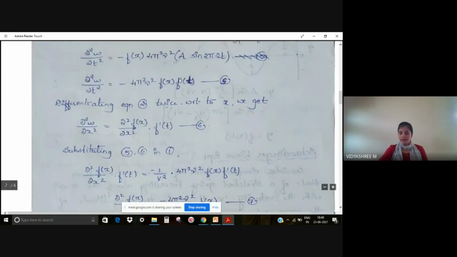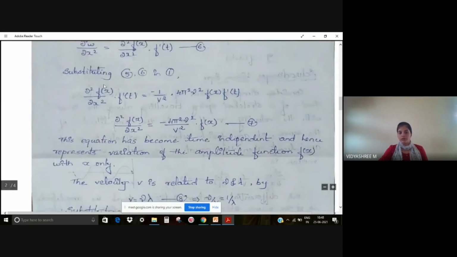Now we have obtained two equations after double differentiation of equation 4 and equation 2, that we will substitute into our equation 1. Upon substitution, we will get delta square f of x divided by delta x square into f dash of t, which is equal to minus 1 by v square into 4 pi square nu square f of x into f dash of t.